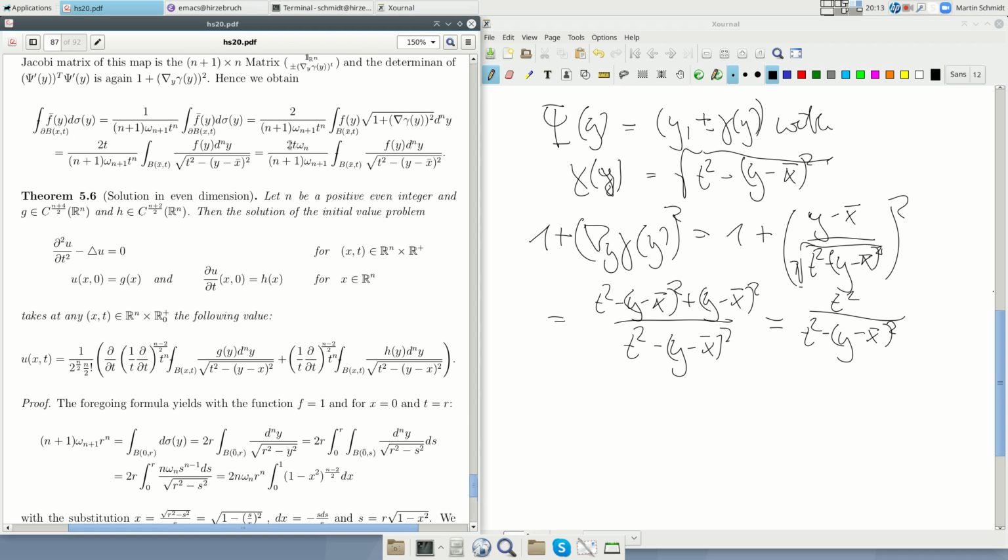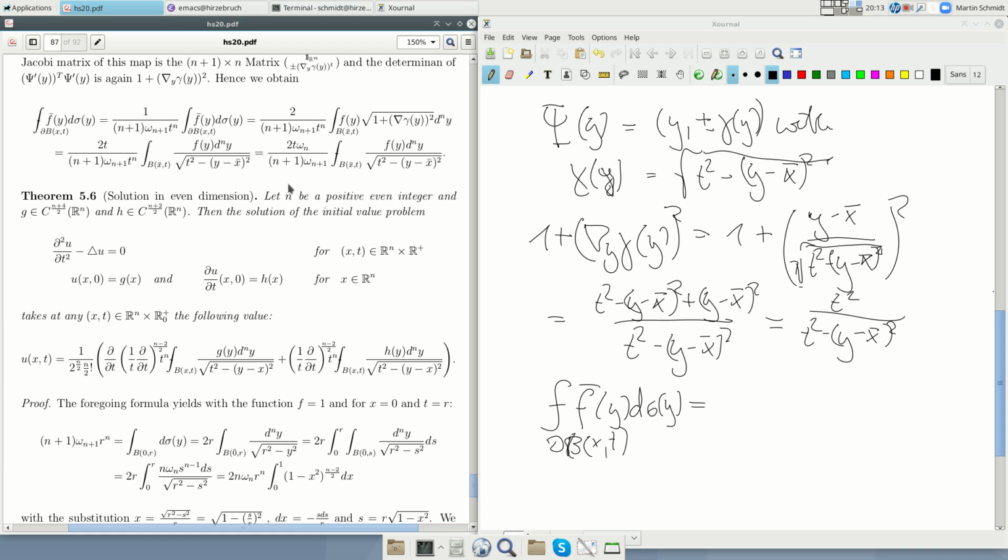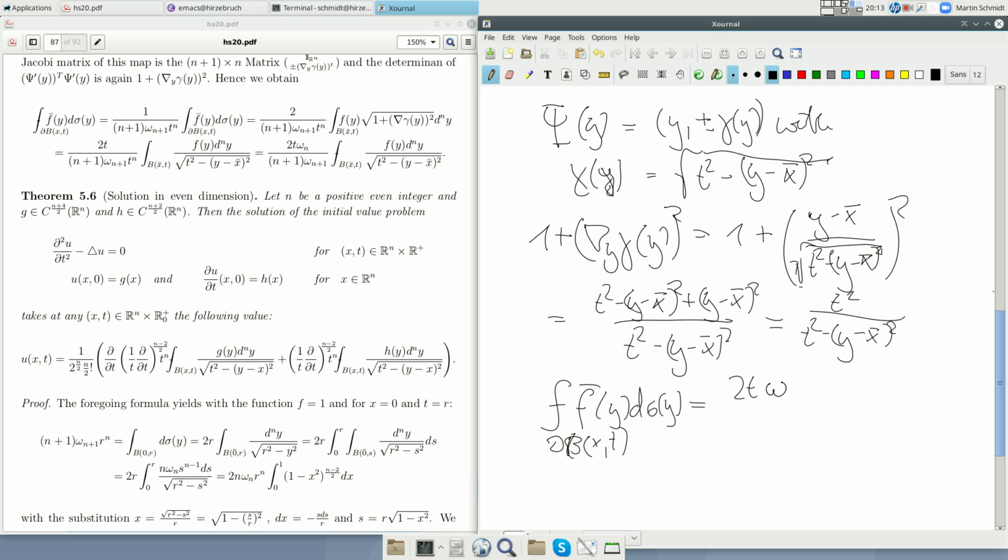So we obtain the formula that the mean over the n+1 dimensional sphere of (x,t), f bar of y d sigma of y, is now equal to 2t omega_n divided by (n+1) omega_{n+1}, times the integral over the ball of f of y dy divided by the square root of t squared minus |y minus x bar| squared.